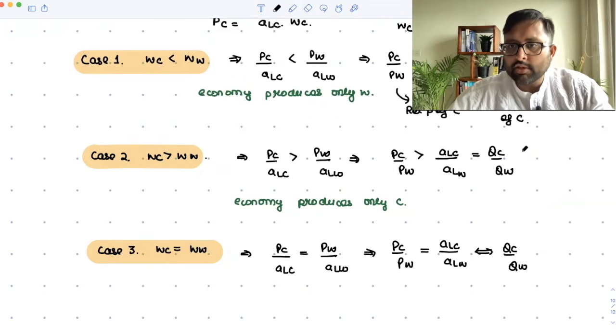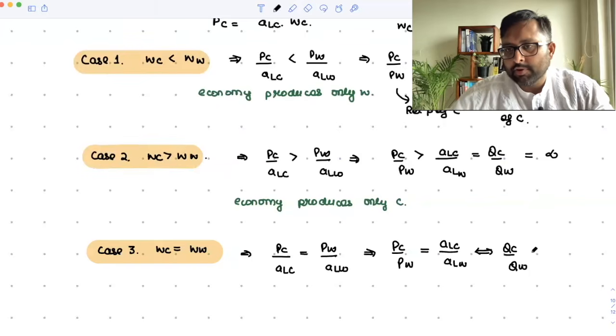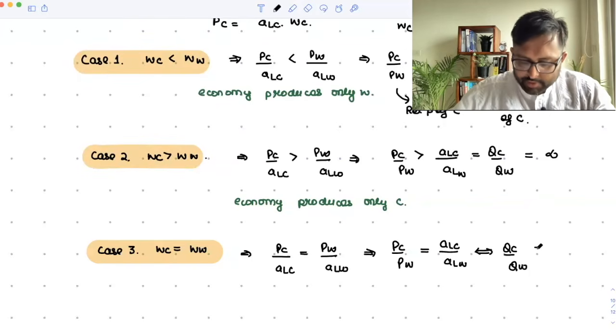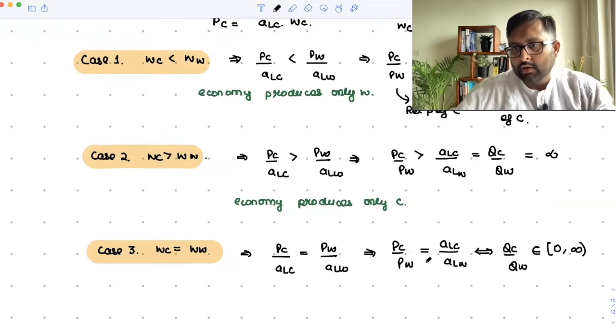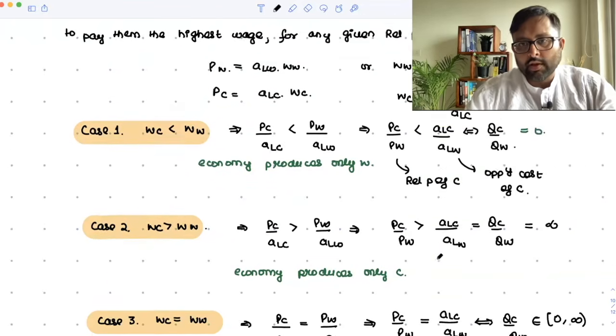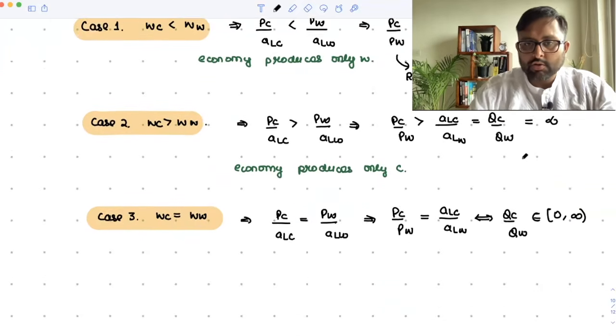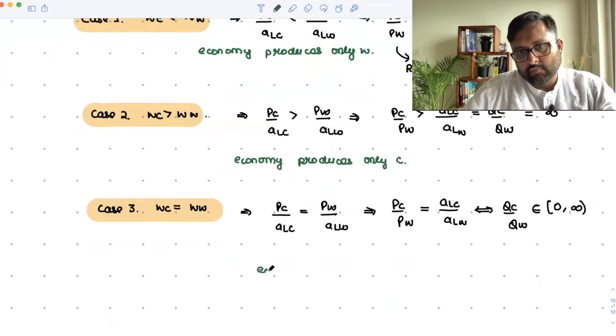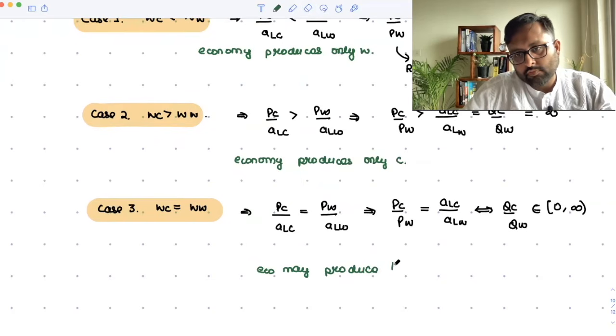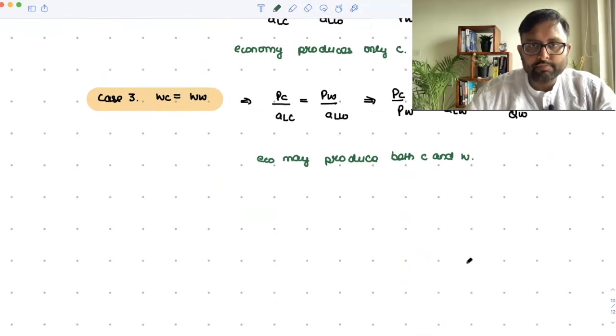So how much cheese can you produce here? Because you're indifferent between producing cheese and wine, you can produce anything from 0 to infinity. So here the economy may produce both cheese and wine.